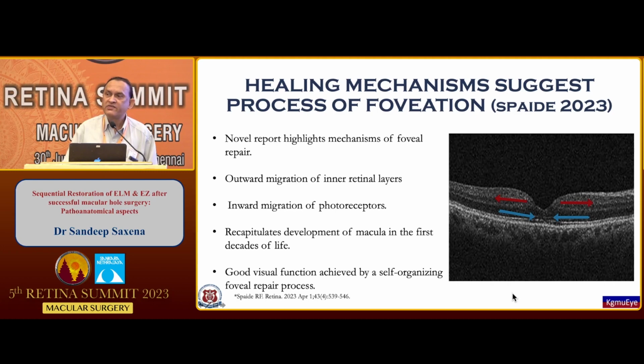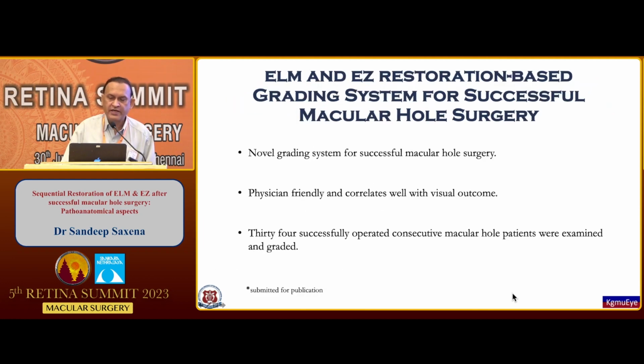So all these factors have to be taken into consideration when we are assessing macular hole closure and its follow-up. We came up with an ELM EZ restoration-based grading system for successful macular hole surgery.